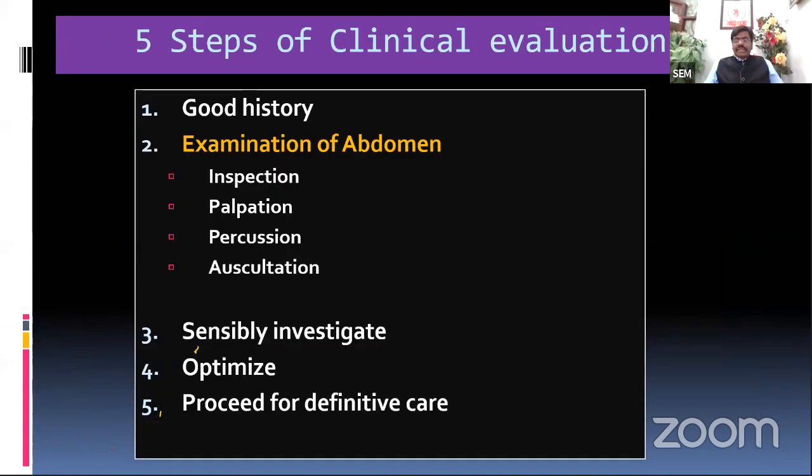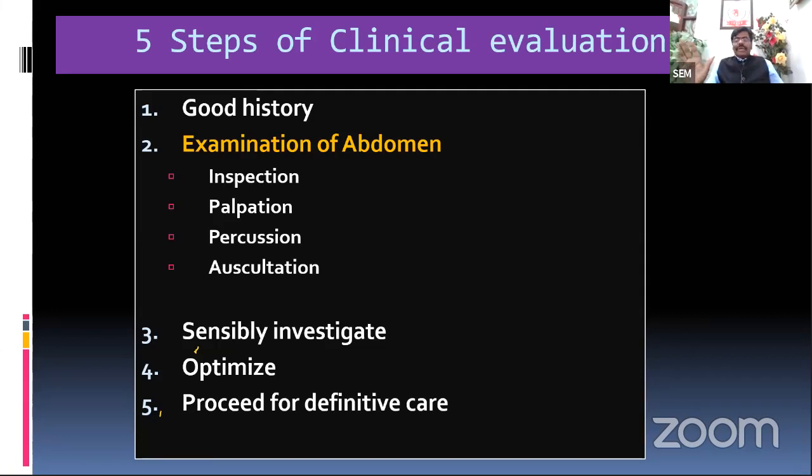So I said, even today, we are going to see a case where we are going to have this 5-point or 5-step approach. Imagine a patient is walking or brought in a wheelchair with severe central abdominal pain. You just listen to him carefully, get a good history. Then ask him to lie down, inspect, palpate, percuss, and auscultate, of course.